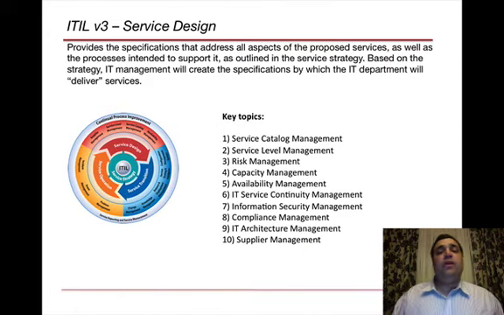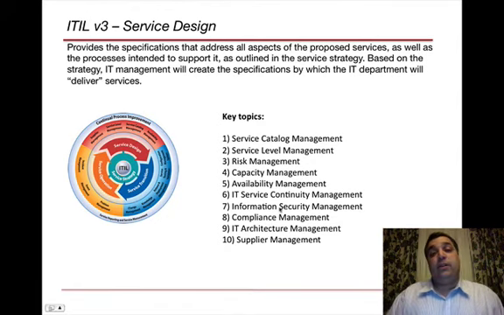In the service design, we're going to basically catalog the services. We're going to talk about the specific service levels. Here's where we'll do the risk management, capacity management, availability management, and so forth. And what this does is this creates the design around the proposed service. If our service is going to be our customer relationship system, well, some of the things that we want to make sure is role-based systems, and that might be under compliance or information security.